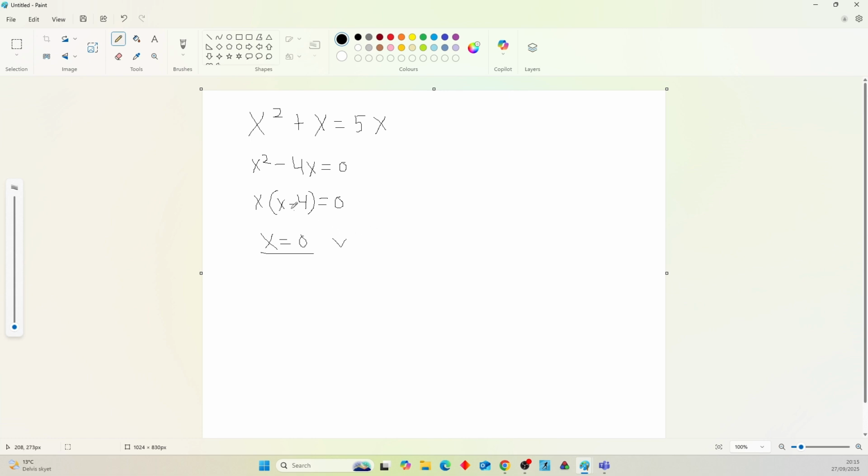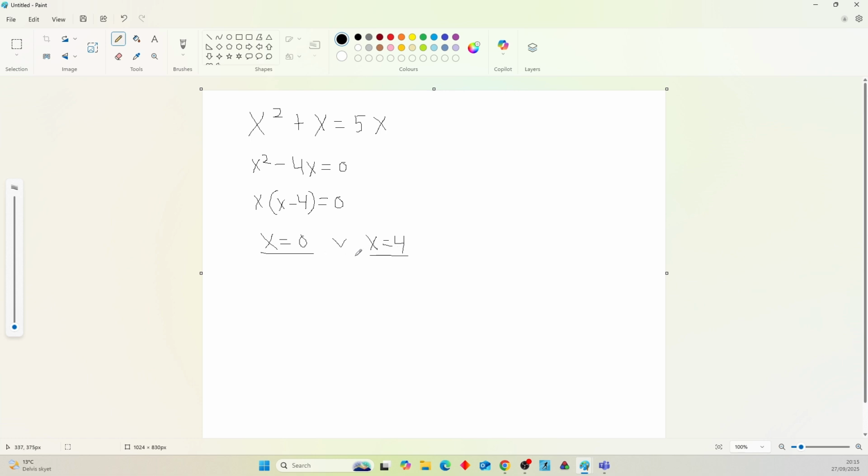Or x equals, so instead of thinking x minus 4, you simply put this as an equal, moving the 4 over here, x equals 4. So that's the two solutions, x equals 0 and x equals 4.